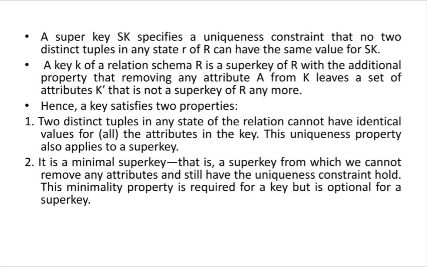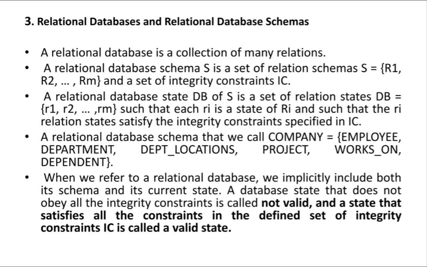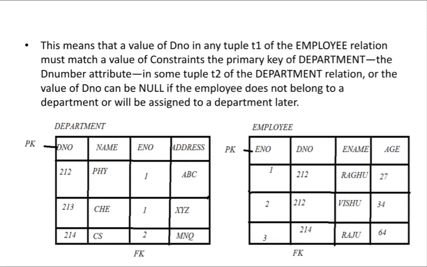So what domain constraint tells is that the value of each attribute must be an atomic value. Atomic value means indivisible values. Values should not be divisible. For example, whatever the values present in this table, for example department numbers 212, 213, 214, whatever the data you take in this table, these values can't be divided.